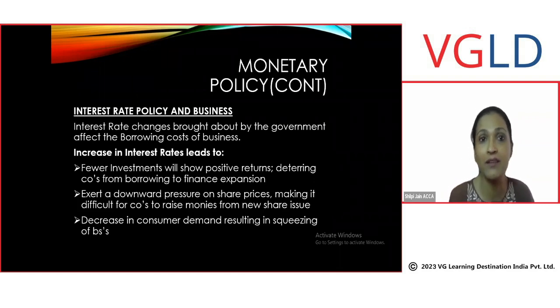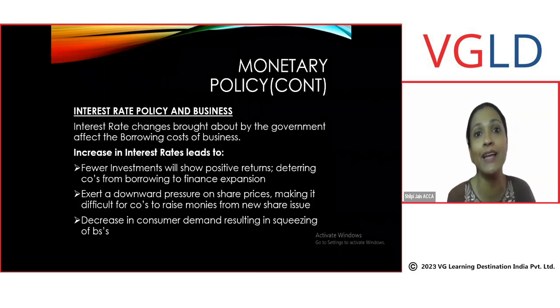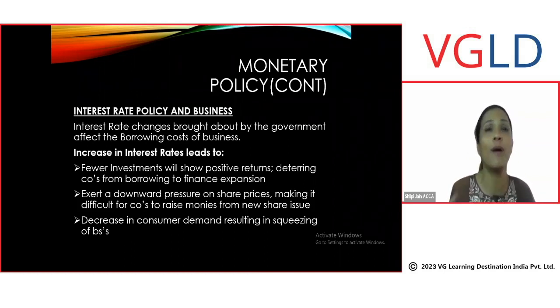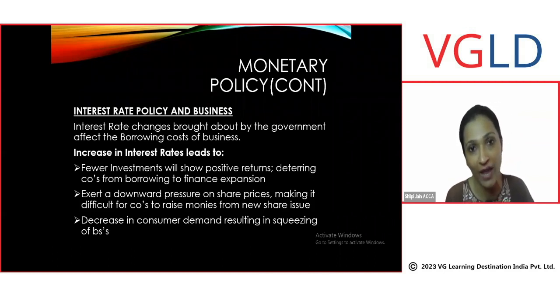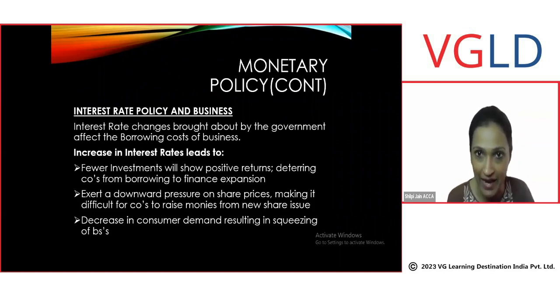And obviously, when the cost is increasing, there is going to be a decrease in consumer demand, which is going to result in squeezing of businesses. We are only going to stick to our basics and not indulge in so much luxury goods. Why? Because there's a higher rate of interest that I need to pay to the bank to get the money to spend, right?